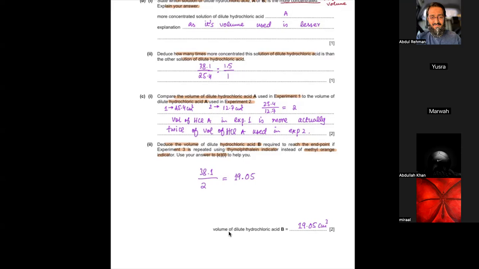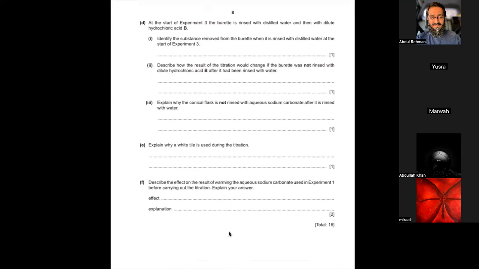Okay. Now, D part. At the start of experiment 3, the burette is rinsed with distilled water and then with the dilute hydrochloric acid B. Identify the substance removed from the burette when it is rinsed with distilled water at the start of experiment 3.